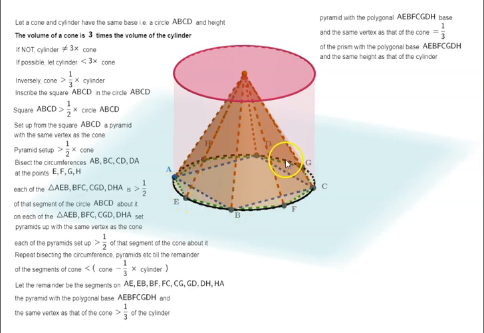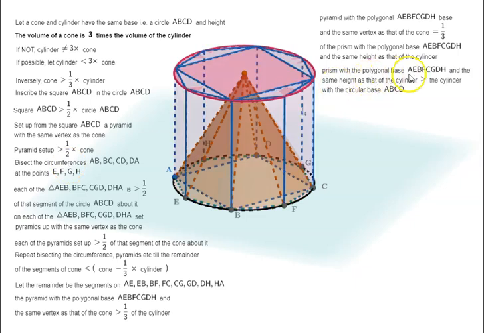So if we set up a prism with the polygonal base, so let's do that. The prism with the polygonal base ABFCGDH and the same height as that of the cylinder is greater than the cylinder with the circular base ABCD. But it is also less, since the pyramid is enclosed in the cone. So we have reached a contradiction.